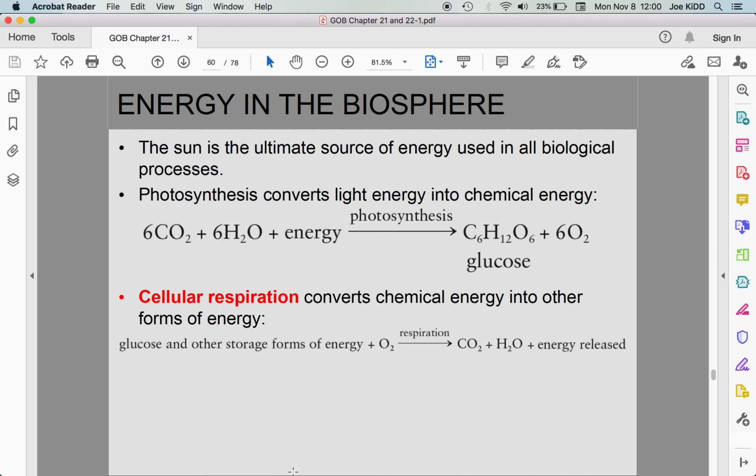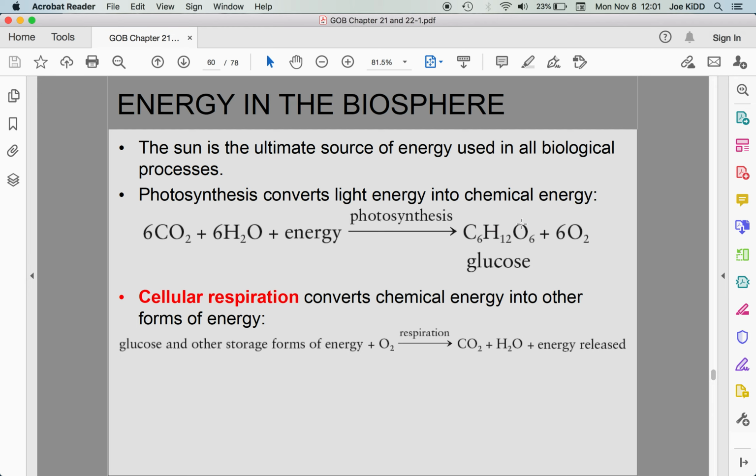Okay, so now we can talk about the energetics of the food and these macromolecules that we've been learning about. You are probably familiar with photosynthesis: the sun shines down on plants, and the plants use photosynthesis to convert light energy into chemical energy.